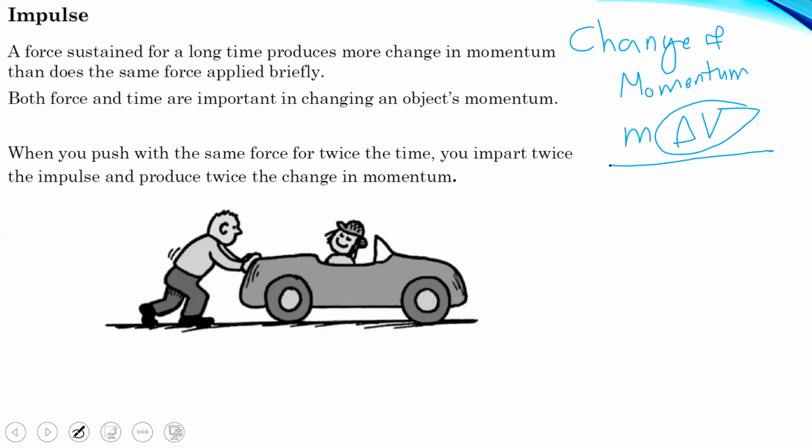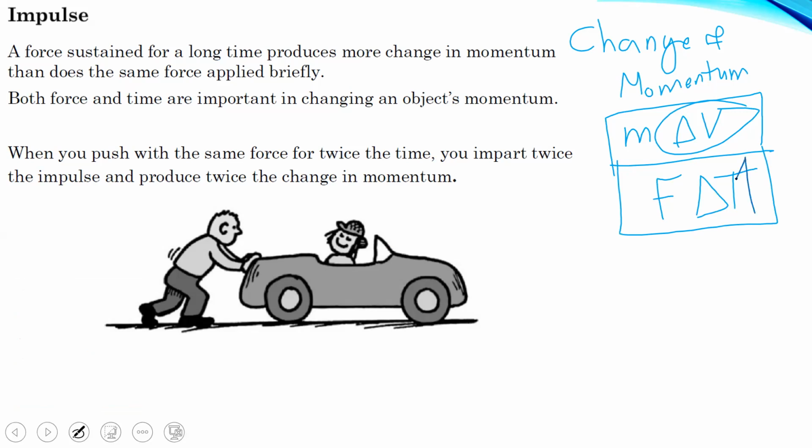And also we say that a change of momentum is F times a change in time, or F times t. So to make a change of momentum, if you have a greater change in time, if the same force is applied on a car which is moving for a long time, that means you will make a greater change of momentum.